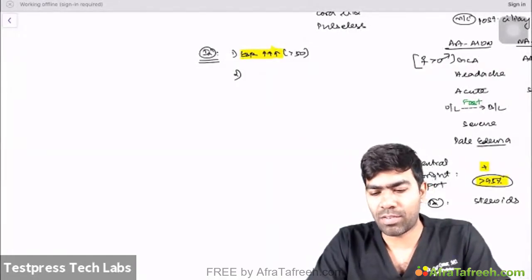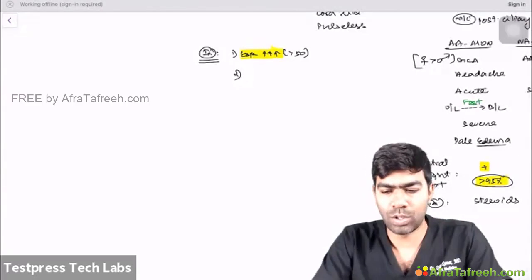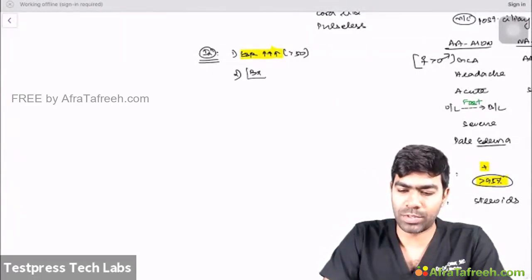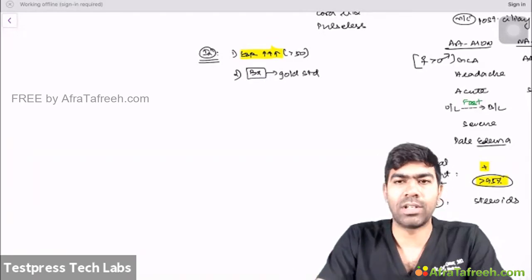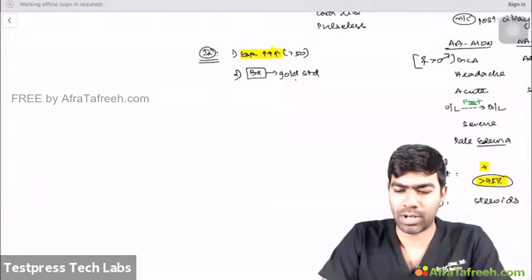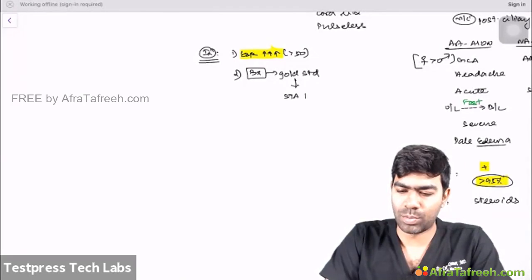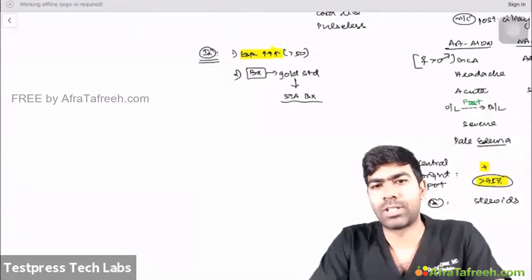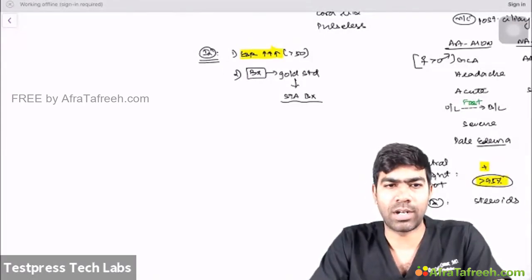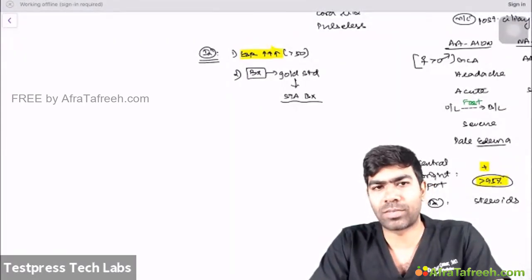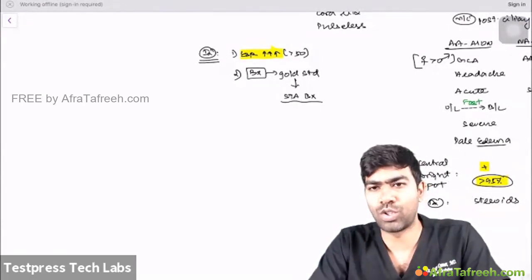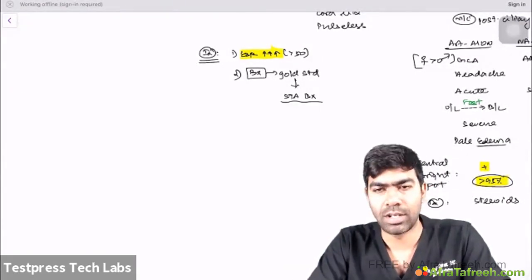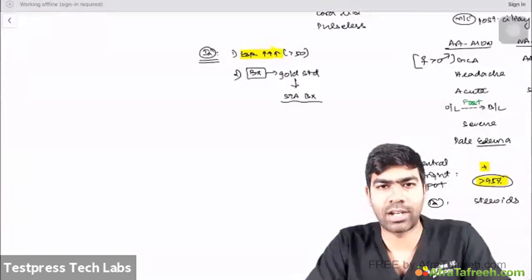And apart from that, if they're going to ask for a gold standard investigation, of course, it's going to be the biopsy. Biopsy is considered to be the gold standard. And typically we take the biopsy from the superficial temporal artery. Superficial temporal artery biopsy. And the surgeon will do that, so no need to worry about that. As far as the biopsy is concerned, because these large vessel vasculitides are known to show skip lesions, it's important that you take adequate length.